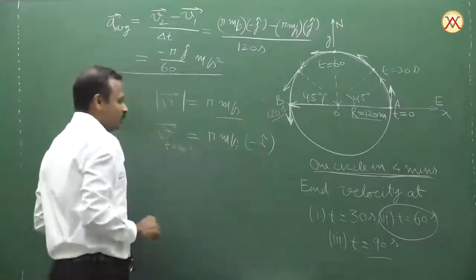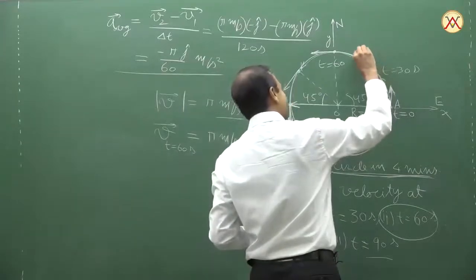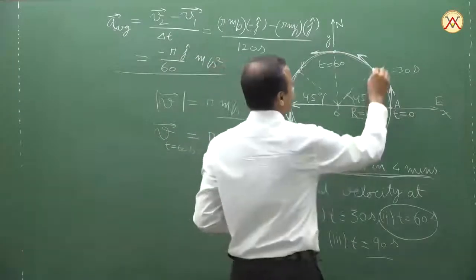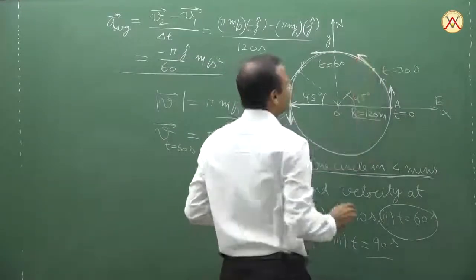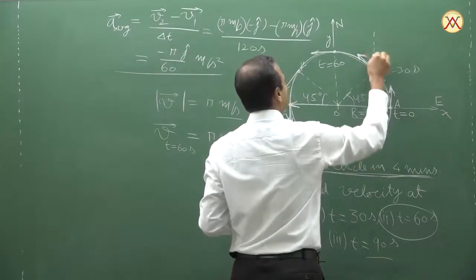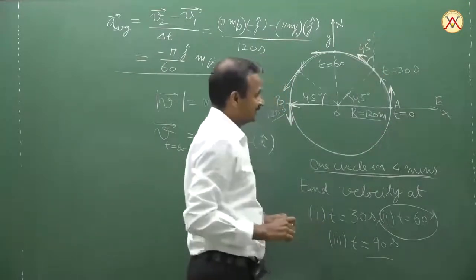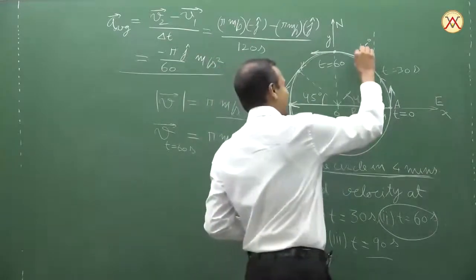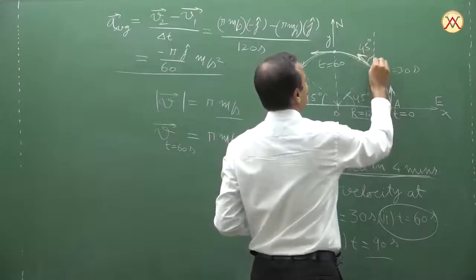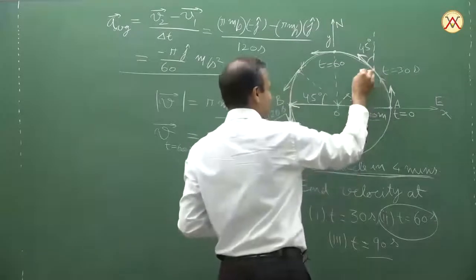Let's take the instant t equal to 30 now. What we need is just the unit vector in this direction. Now this direction is making an angle of 45 degree with the y-axis. And you can clearly see that the y component is towards north and the x component is towards west.